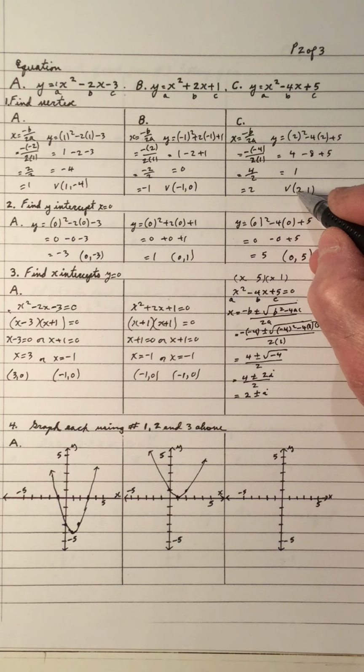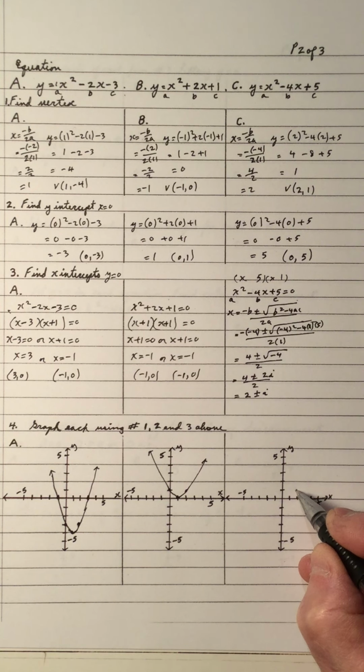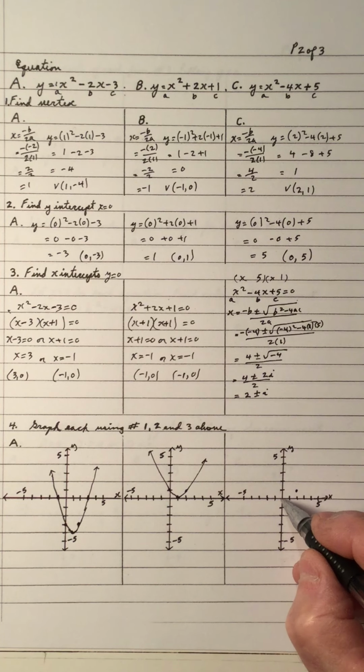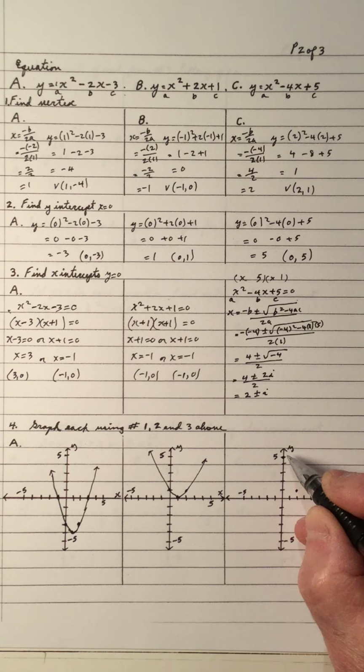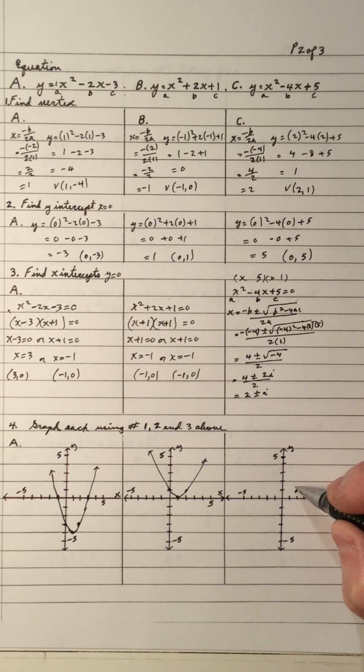And here we have a vertex of (2, 1). x is 2, y is 1. We have a y-intercept of 5. 1, 2, 3, 4, 5. And we have no x-intercepts. So this is the vertex, and it's going up through the 5. There it is there.